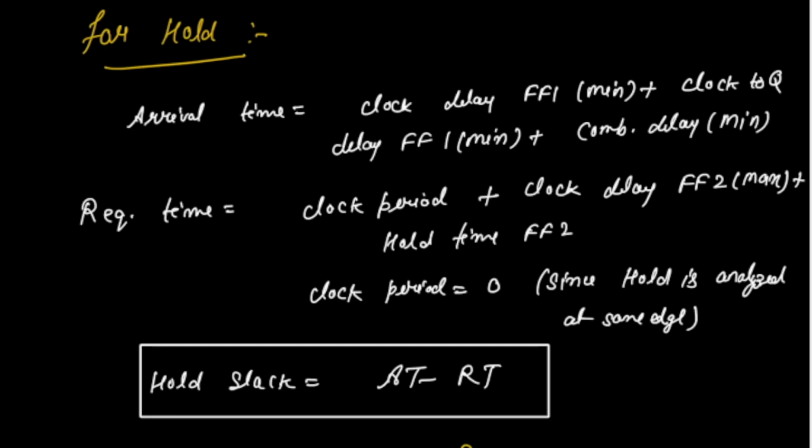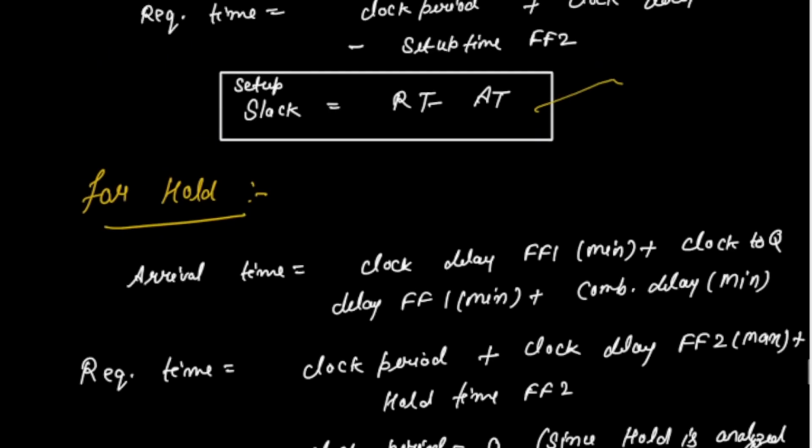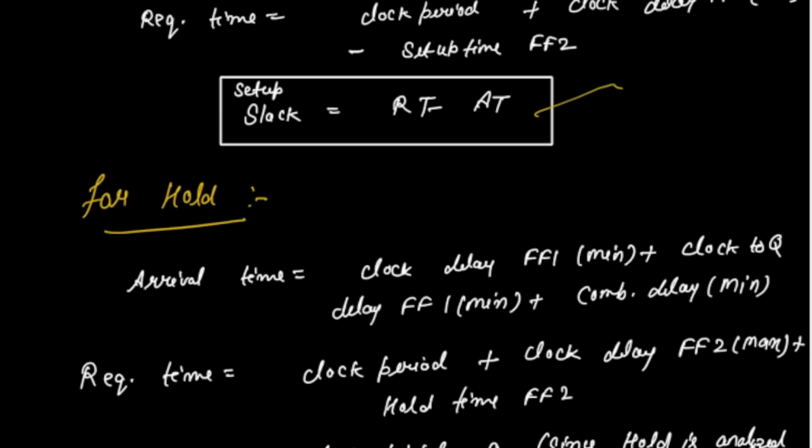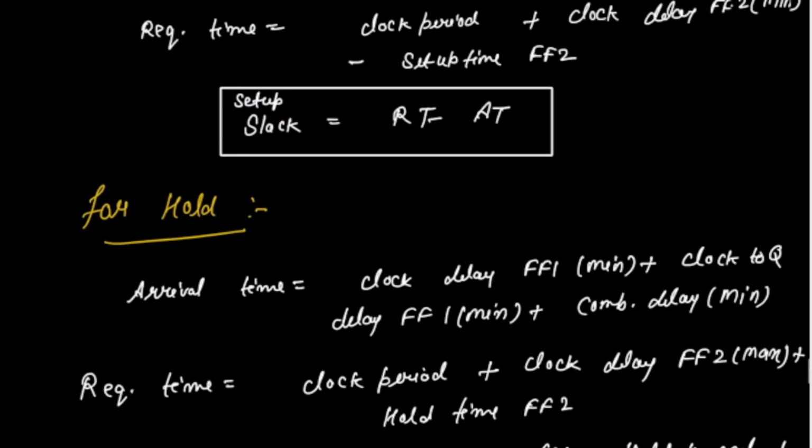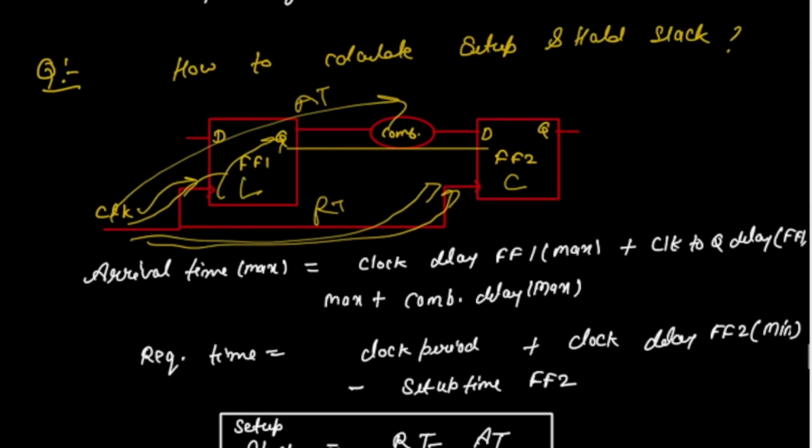So clock period is 0. So hold slack equals arrival time minus required time. This is how we calculate the hold slack. And setup slack is required time minus arrival time. These are the basic equations to calculate the setup and hold slack.